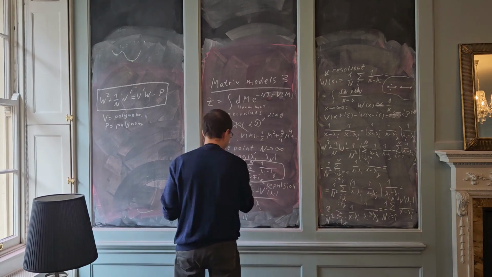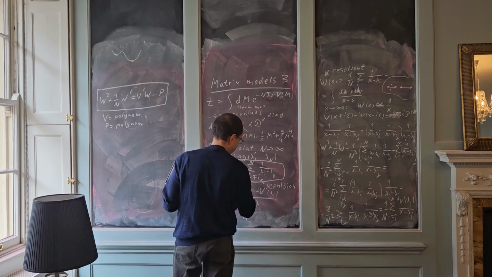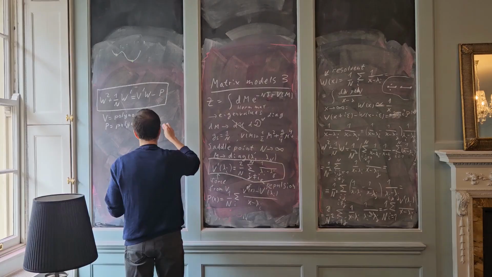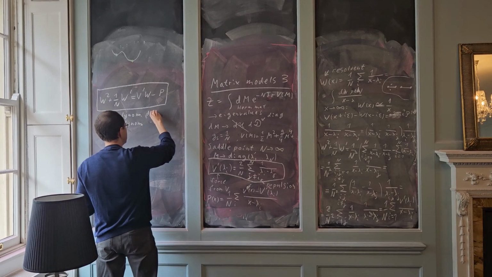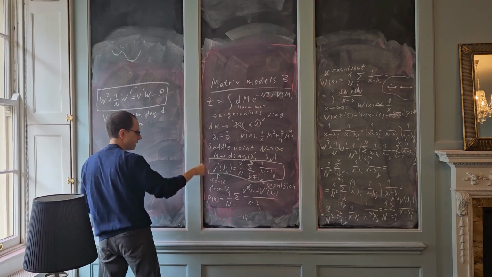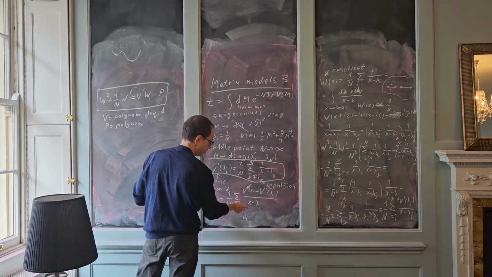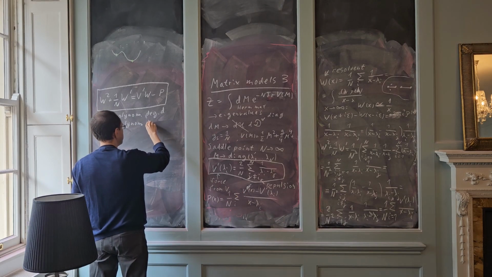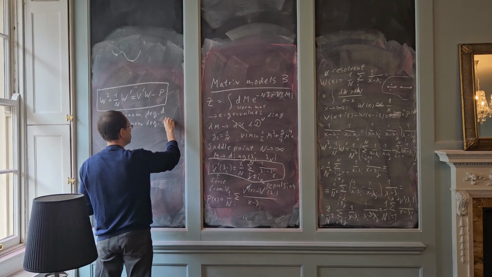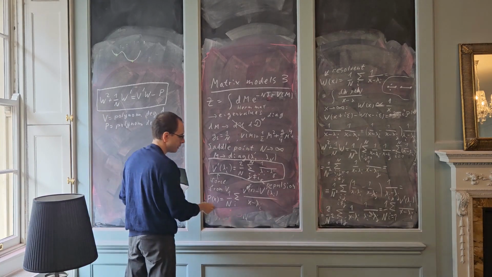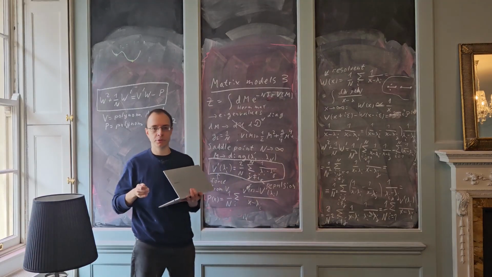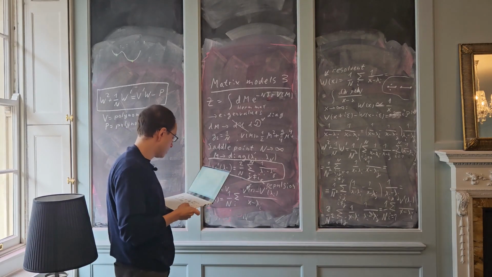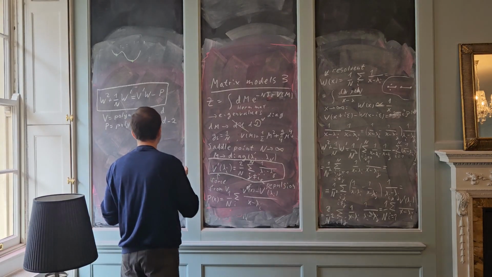Its degree can be deduced from here. At large x, let's say v is a polynomial of degree d, then v prime has degree d minus 1, and here it's divided by x. So it's a polynomial of degree d minus 2, from looking at the large x asymptotics. What exactly is this polynomial?